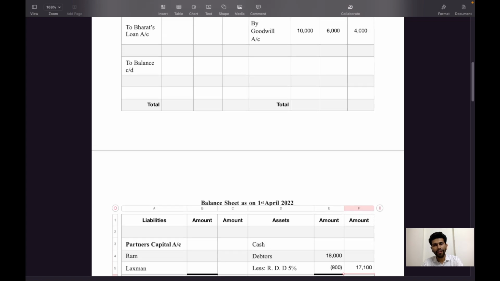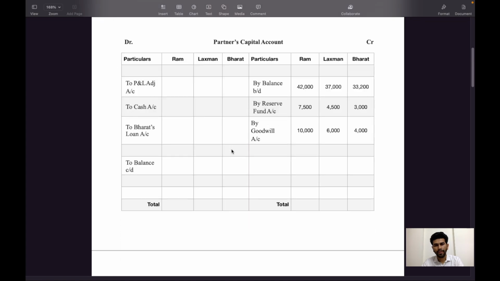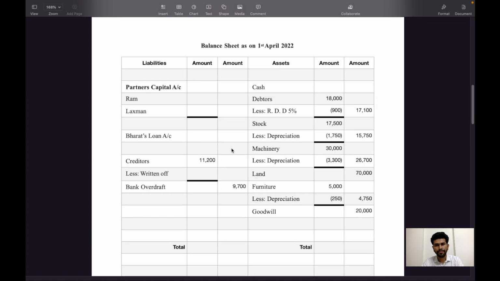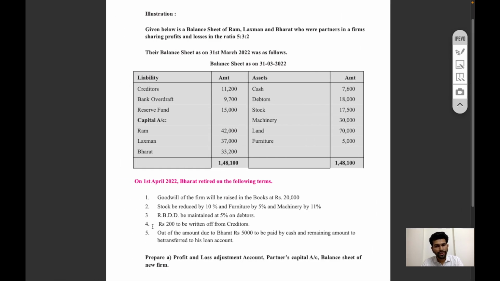And the second effect will be on profit and loss adjustment account debit side, 900 rupees. Clear?